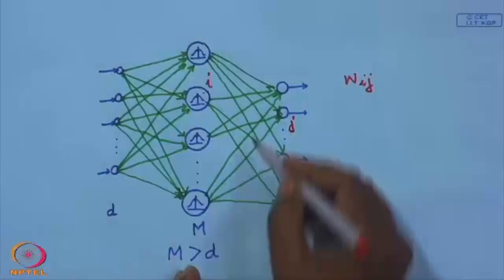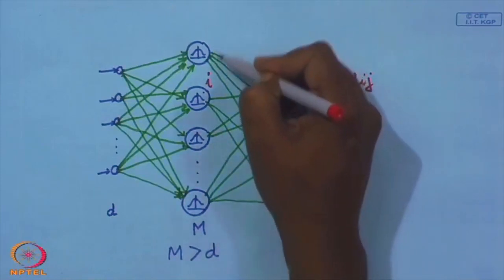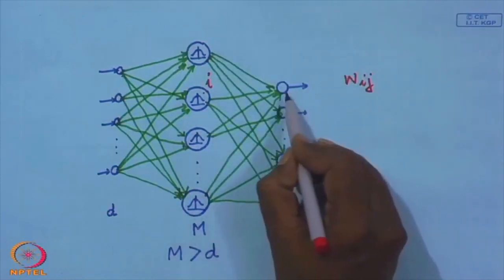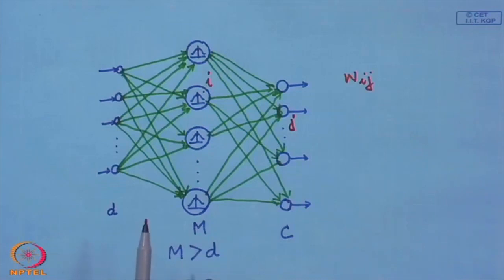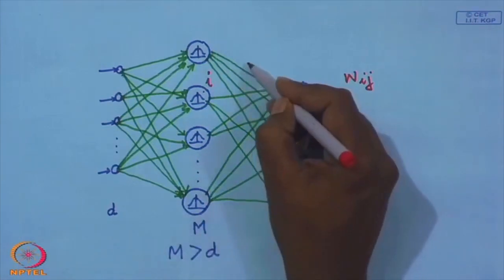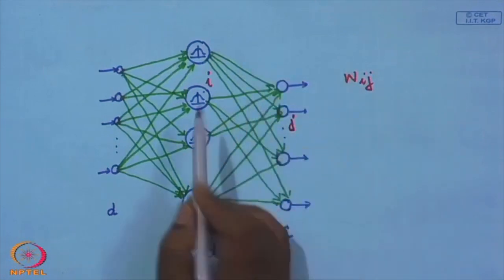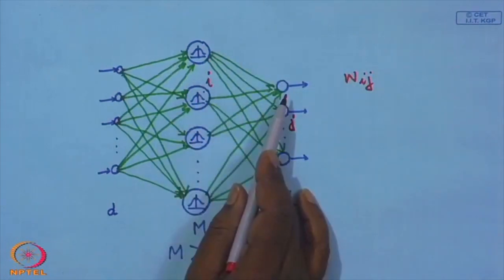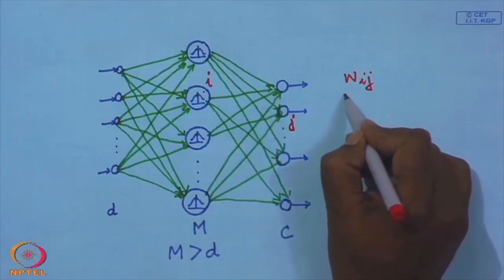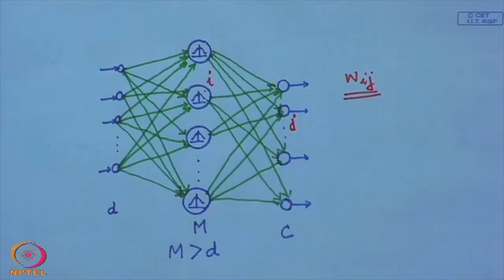And once the feature vectors are linearly separable in the m-dimensional space, the linear combination of the outputs of these hidden layers is likely to give me the class belongingness. That linear combination is decided by the connection weights from the hidden layer nodes to the output layer nodes. So, we also have to learn what should be the connection weight w i j from the ith node in the hidden layer to the jth node in the output layer.